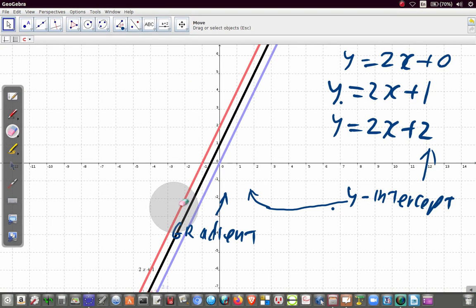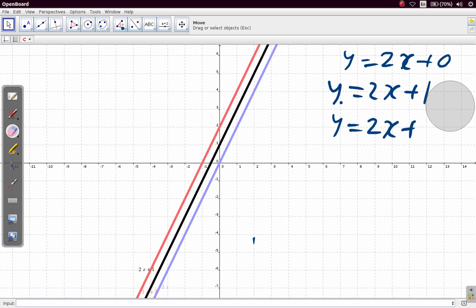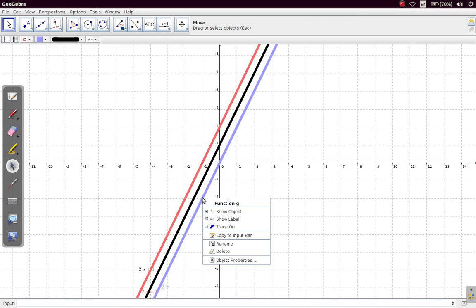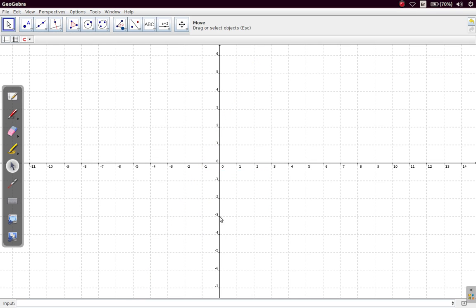Now, our software here is GeoGebra. And let me just erase these and look at this a bit more. Let us erase these graphs, these lines, delete, delete.